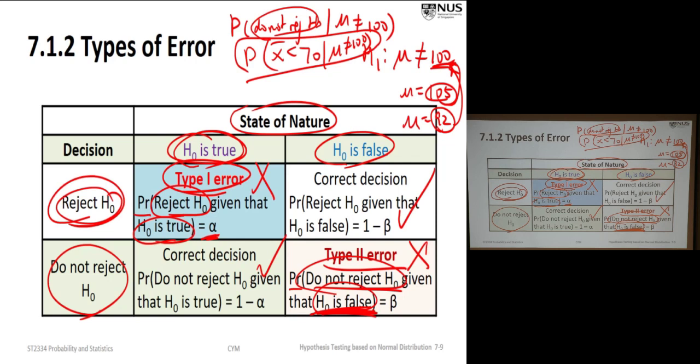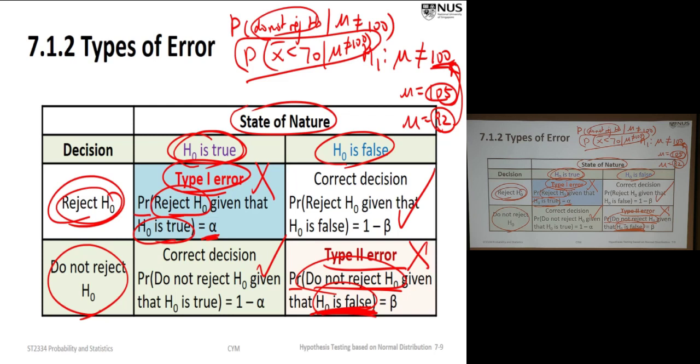Why can't I? Because in order to compute this probability, what is the random variable involved? X bar. Then ask yourself, what is the distribution of X bar? It's normal, if the underlying distribution is normal. What's the mean? Mu. And what's the variance? Sigma square over n. Suppose sigma square is known. All right. But do you know mu?